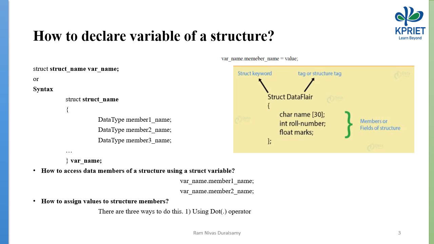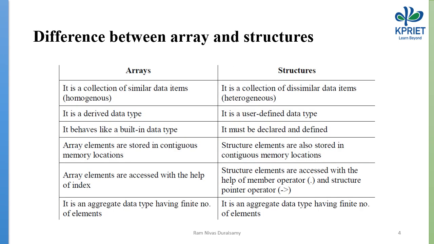So how to assign a structure member? You can assign it with the help of the dot operator. And we shall see about the difference between array and structure. Arrays are a collection of similar data types, whereas structure is a collection of dissimilar data types. Arrays are homogeneous, whereas structure is heterogeneous. Array is not a user-defined data type, but structure is a user-defined data type.